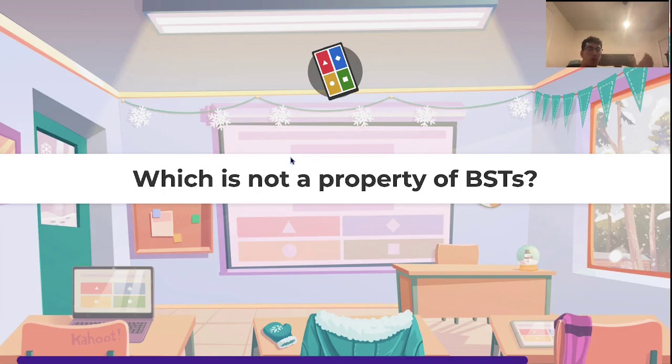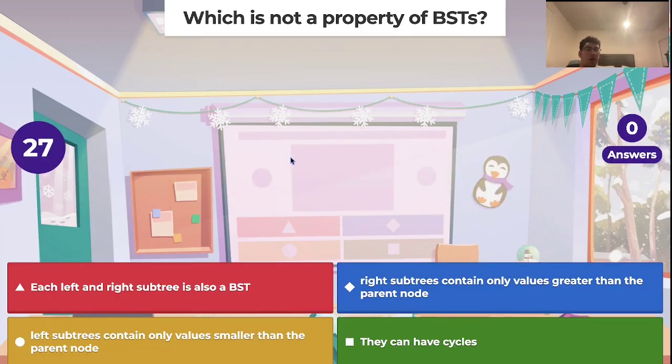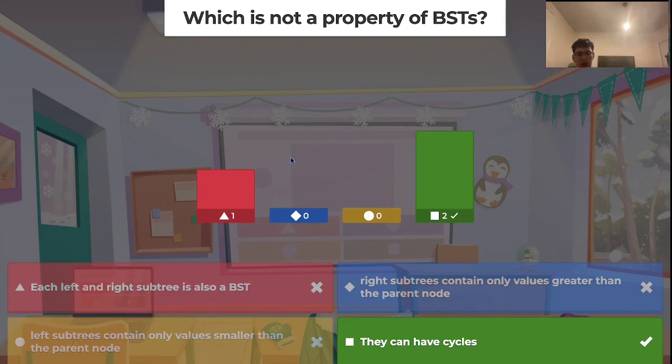So which is not a property of BST? All of these are correct except for one. Yeah, so the correct answer is they can have cycles. This is not a property of BSTs, as we said before. Trees in general don't have cycles, and BSTs are no different.